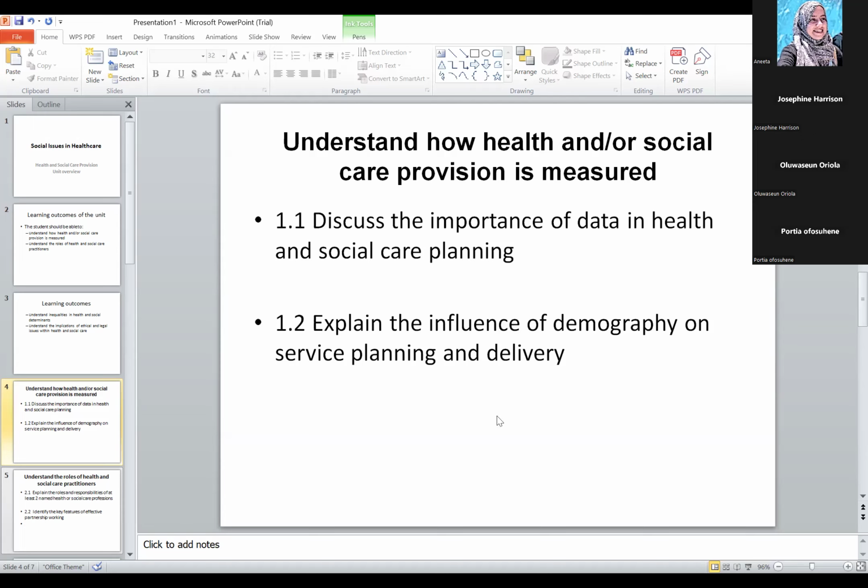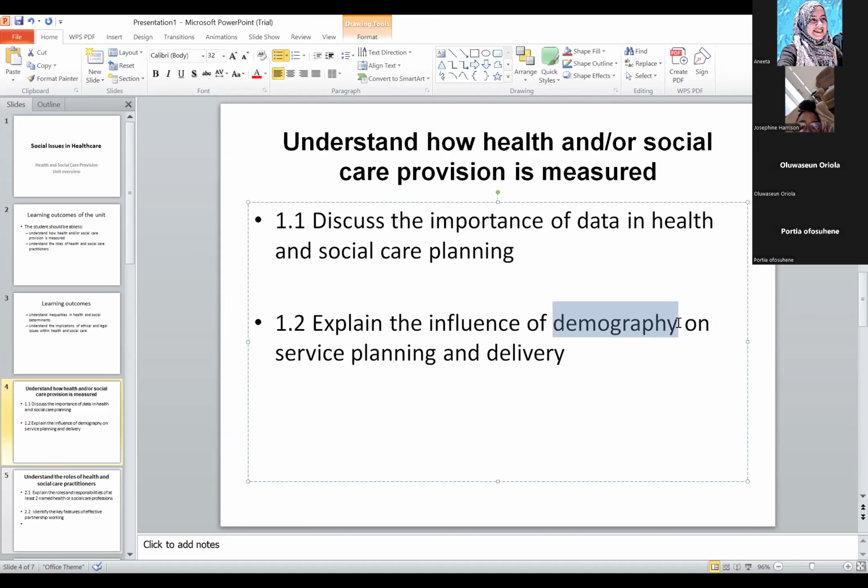And then we would want to explain the influence of demography on service planning and delivery. Does anyone know what is meant by this term, demography? Graphy? What do you mean by graphy? Like telegraphy, photography?